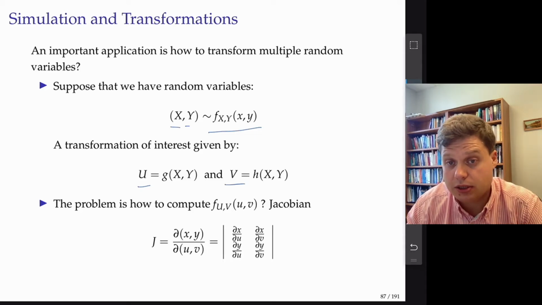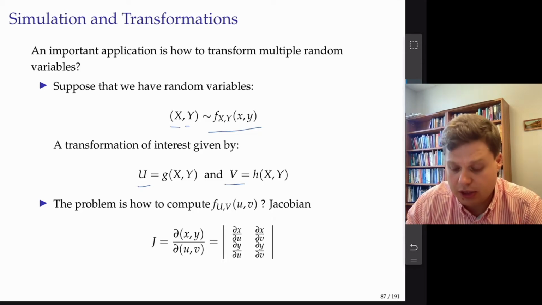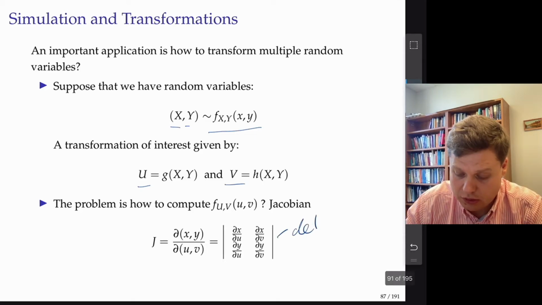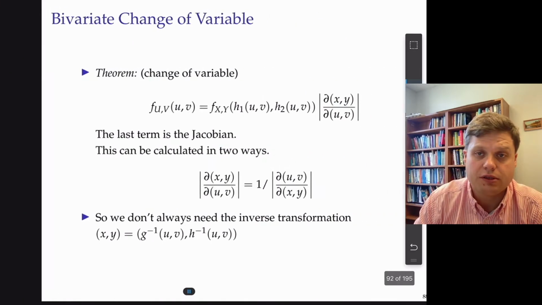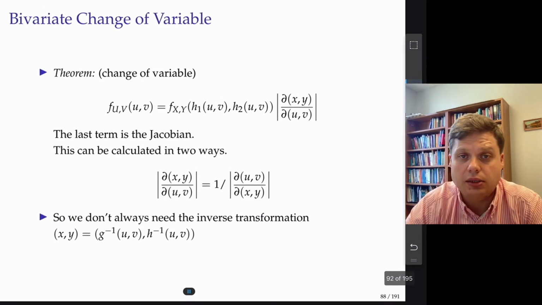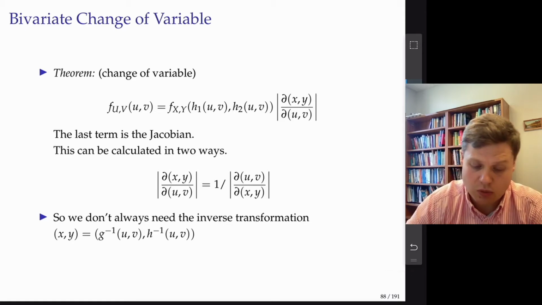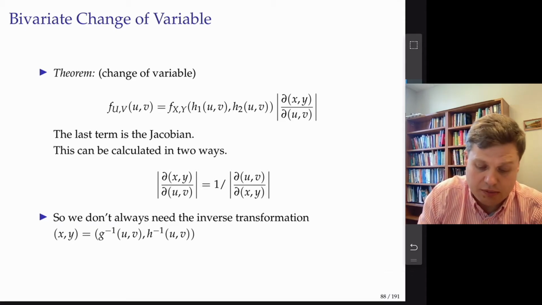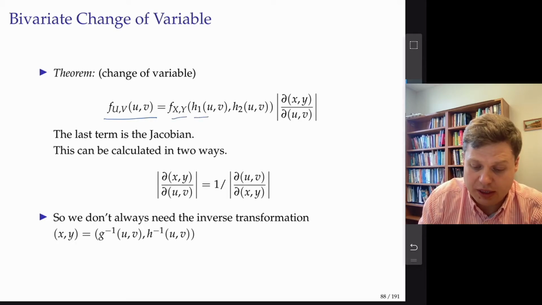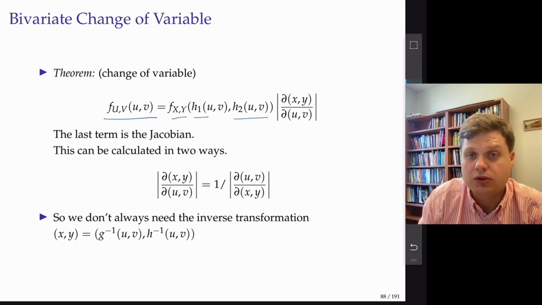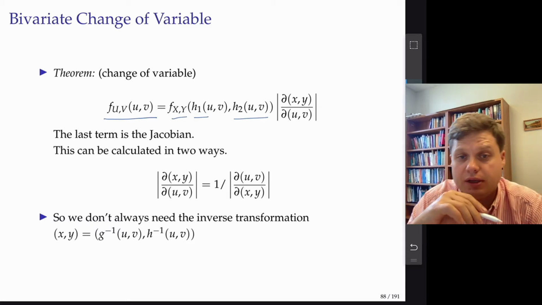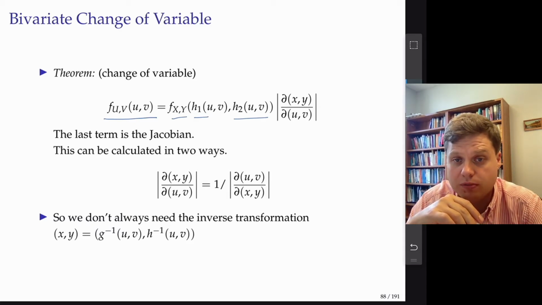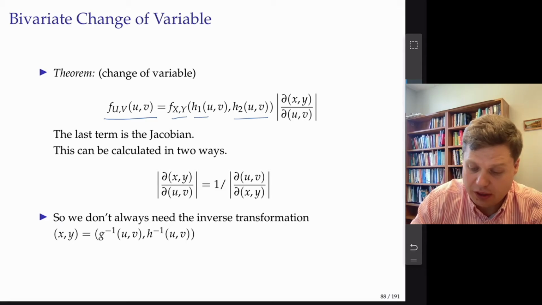The Jacobian is just the matrix of first derivatives, and then you take the determinant. So this is the determinant of this matrix of first derivatives. And so here's how the change of variables works. The distribution over u and v is just the distribution over x and y, evaluated at h1 of u, v and h2 of u, v, where h1 and h2 are the inverse transforms. And then you have this Jacobian here.